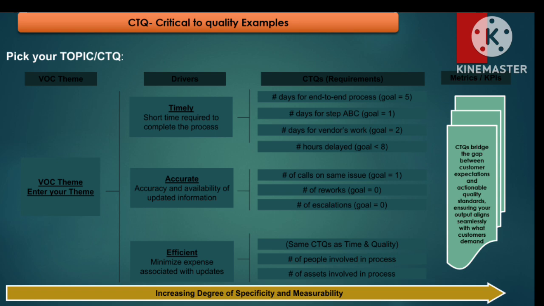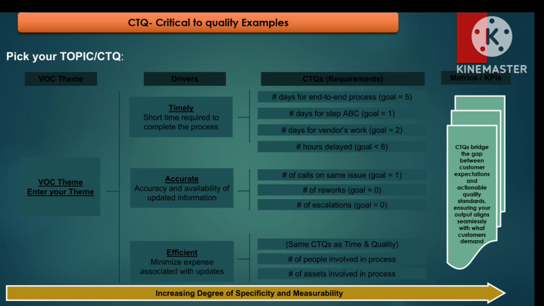So you can put it here as your main theme, and then you have to find the drivers, like we talked about time, we talked about quality, we talked about cost. So in these three categories you try to find what is the important thing for the customers, and then try to connect those with metrics and KPIs. So that will help you to get towards the solution.